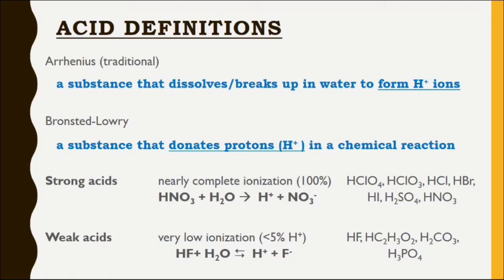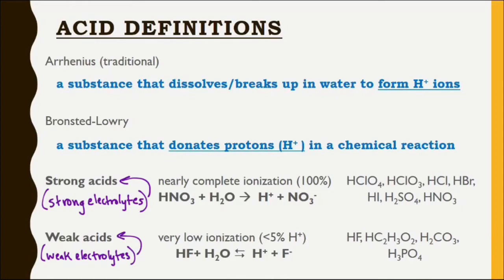And if that sounds a little familiar, it should, because last unit, when we were talking about the basics of solutions, we learned that there were strong electrolytes and weak electrolytes. And the good news is that all of our strong acids are strong electrolytes, and all of our weak acids are weak electrolytes.